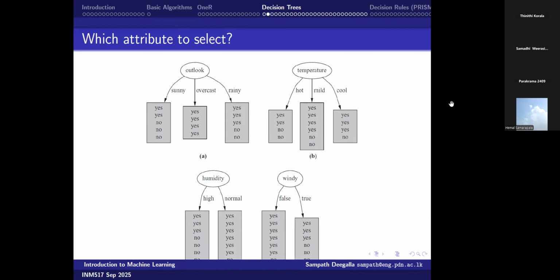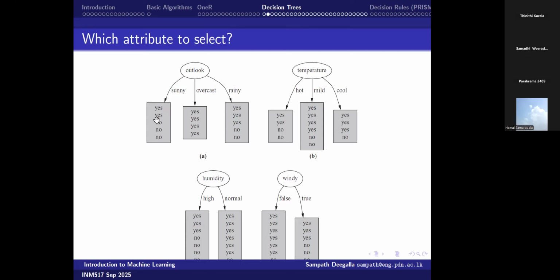Okay, so in this one, what you notice here is, for each attribute, take Outlook: we have 3 values, so we create branches, 1 branch for sunny, 1 for overcast, and 1 for rainy. And in here, in the leaves, what you notice is how the already available instances are classified.